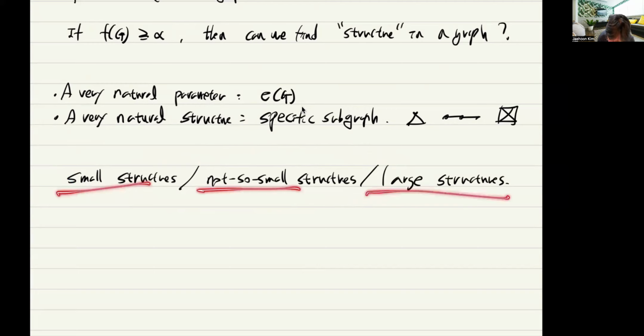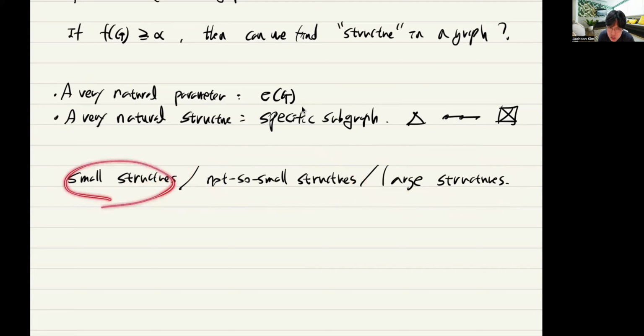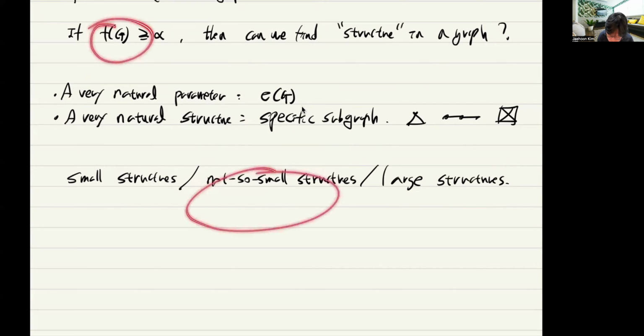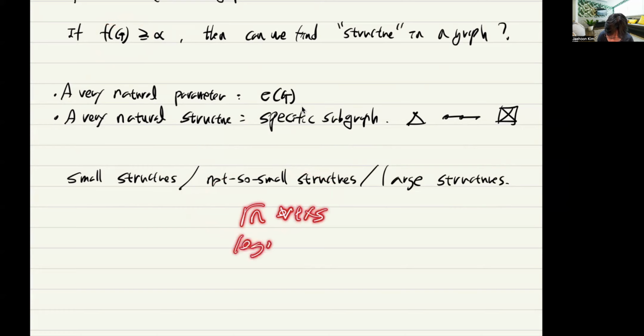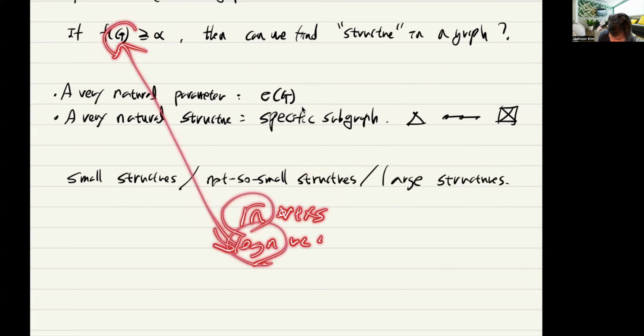So we will consider these topics depending on whether the structure that we are looking for is small, in other words, fixed size, and not so small structure, which means that the size of the structure that we are looking for is, say, if you have an n vertex graph, can you find a subgraph with square root of n vertices or log n vertices? So there is some quantitative relation with the size of G.